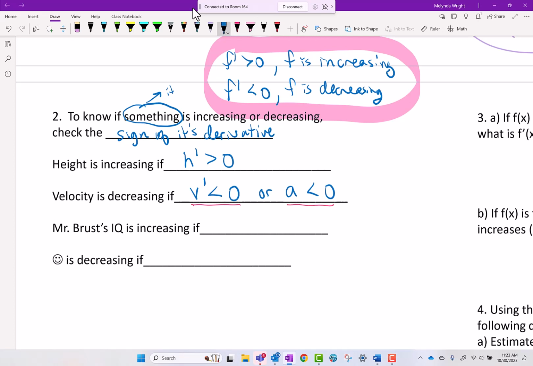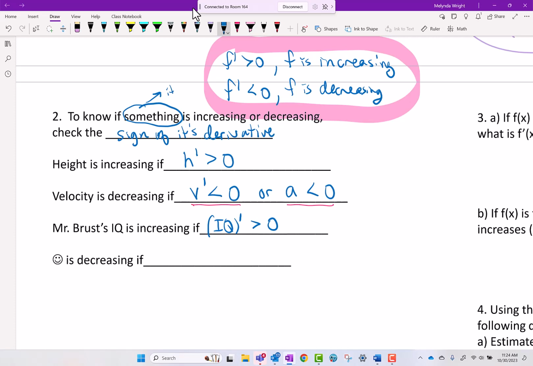Now we're looking at just random things. Mr. Brust's IQ is increasing if the derivative of IQ is greater than 0, which we don't know. We don't have that equation, but there could be an equation written for that.